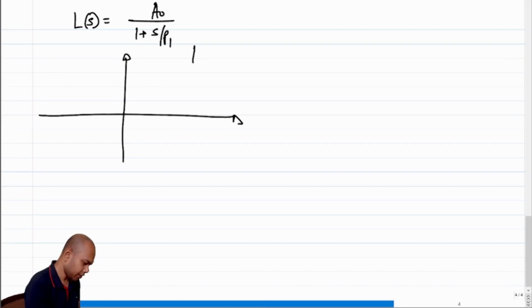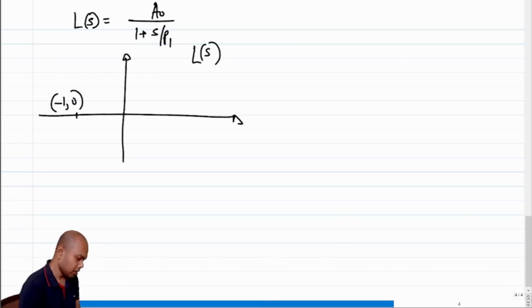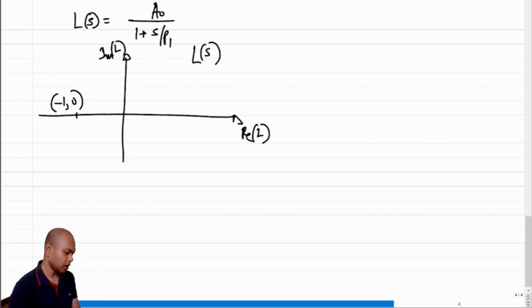So this is L of S, this is the L plane, L of S plane. Okay, and what is the point that we need to avoid? We need to avoid this minus 1, 0 point. This is real, this is imaginary. Real of L, imaginary of L. Okay, so as we traverse the j omega axis, we have to put s equal to j omega, right?